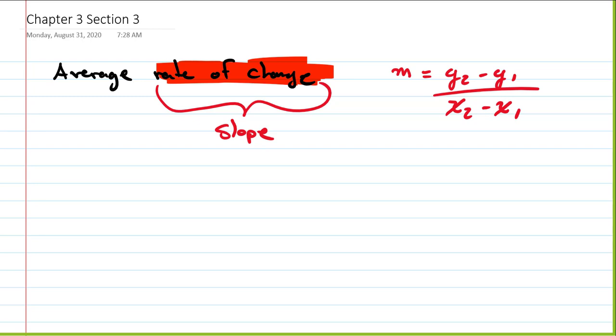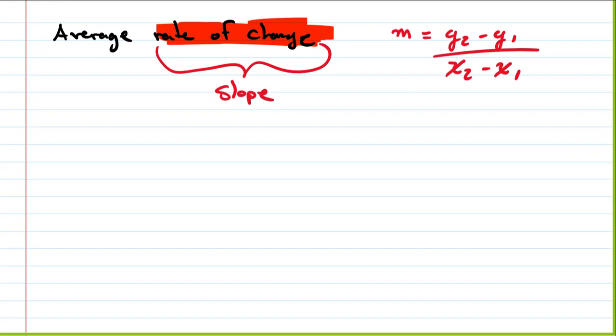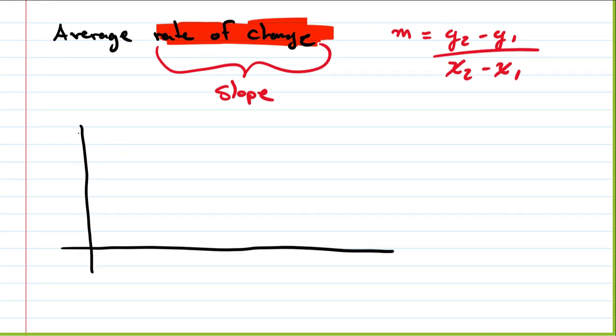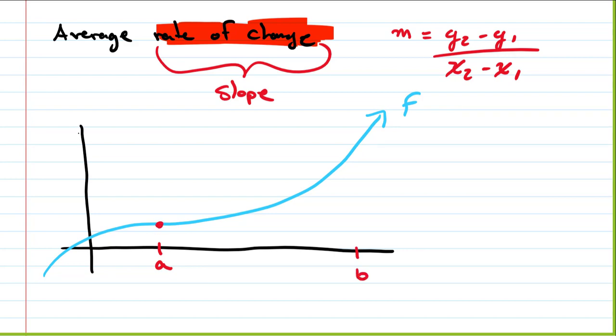The idea is we want to generalize the idea of slope to other types of functions. So if I had a function f that looked like this, and I had some associated inputs a and b, I would then have some associated outputs with those, f of a and f of b.